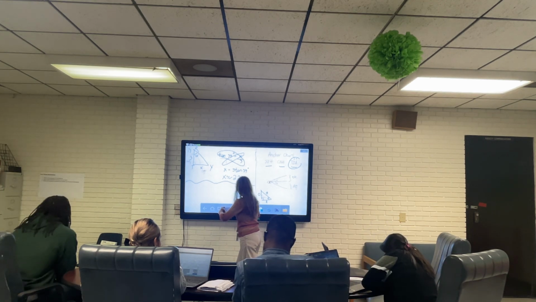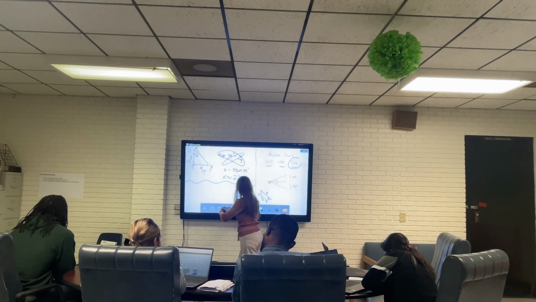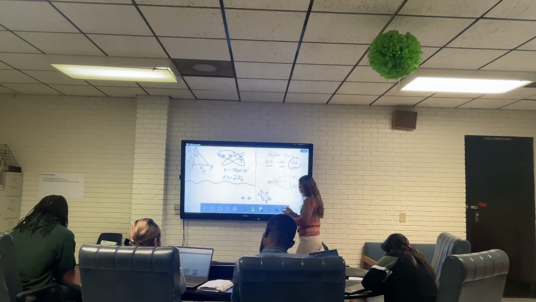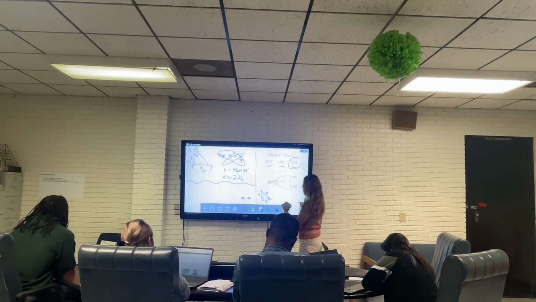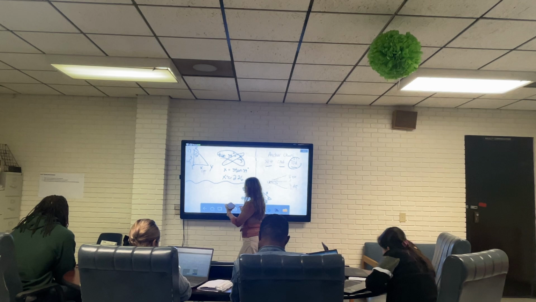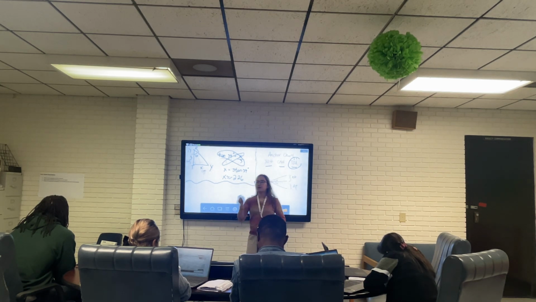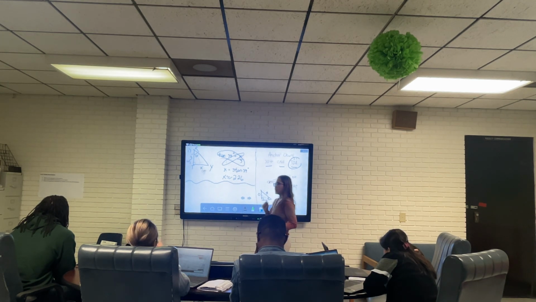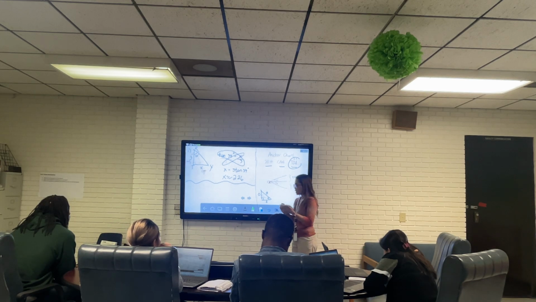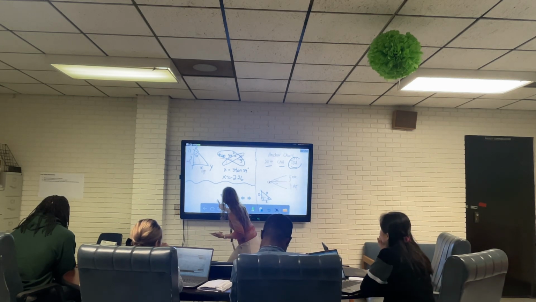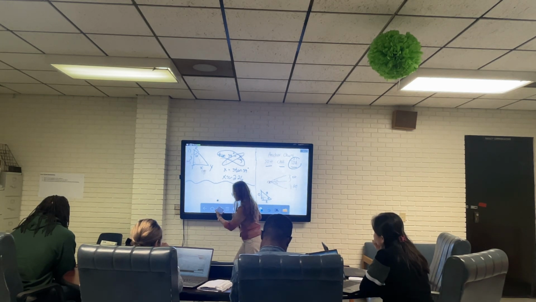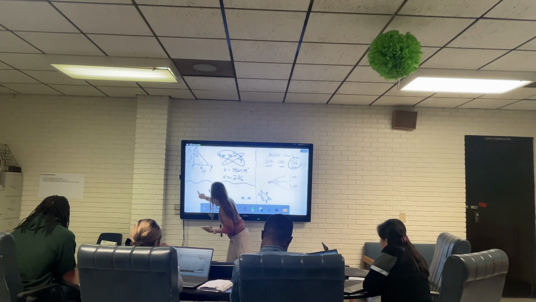Number 2 is actually a word problem. It says the angle of elevation from a point 116. Since it's a word problem, I told them to underline the hints. There's a point and there's an Eiffel Tower.